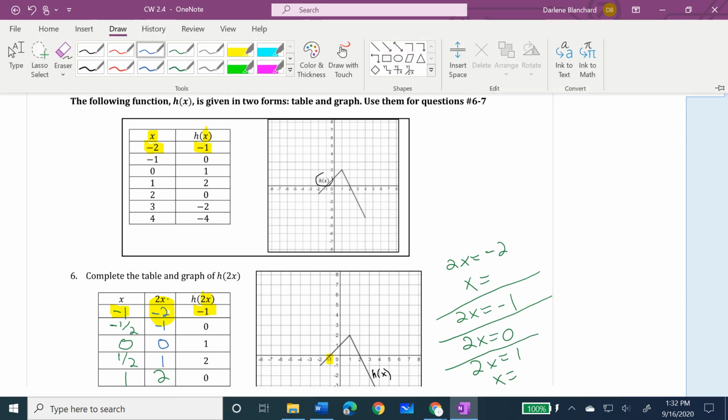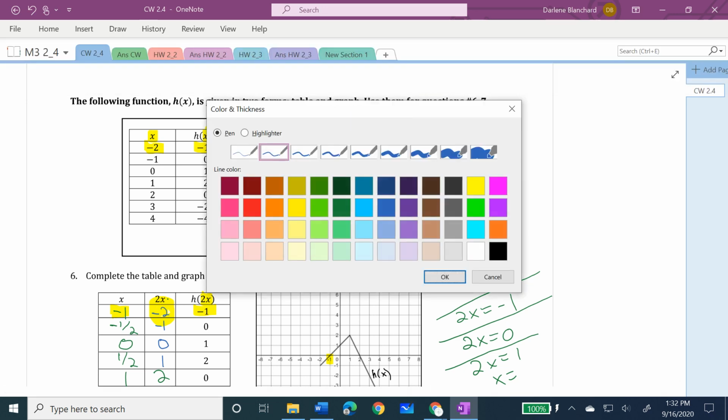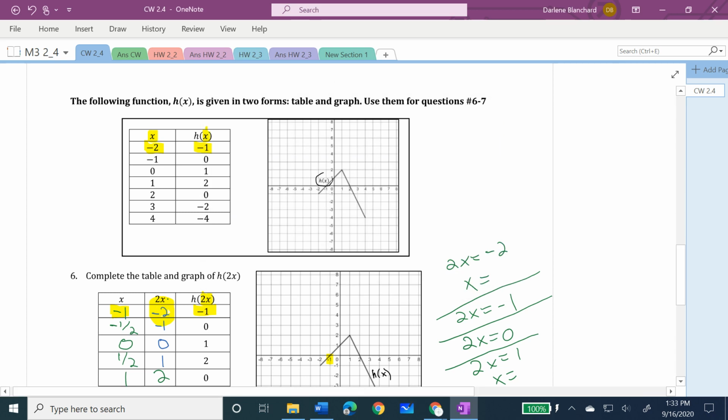When x is -1, I get a y value of -1, and I plot that point. But I want you to realize that the original h function got out the y value -1 when x was -2.